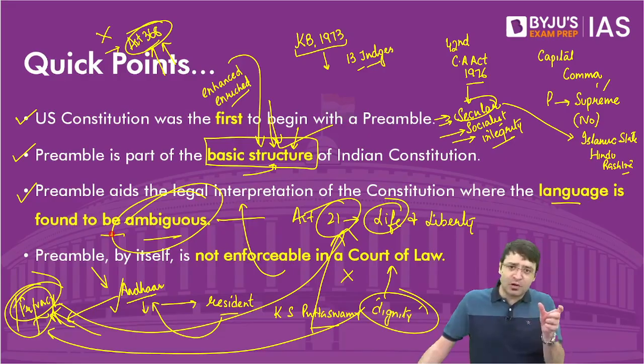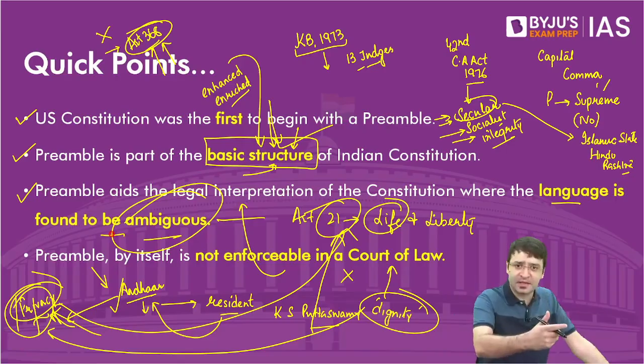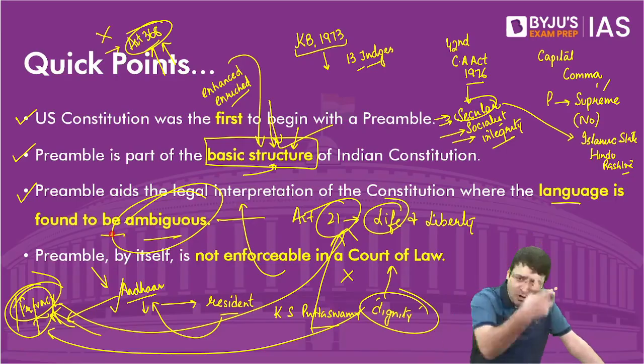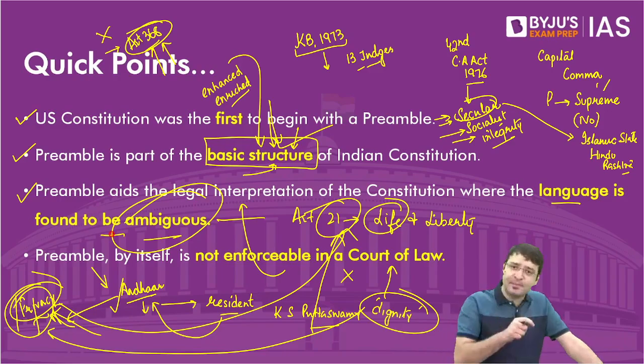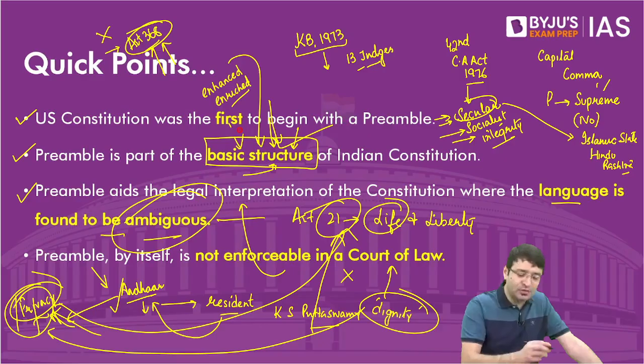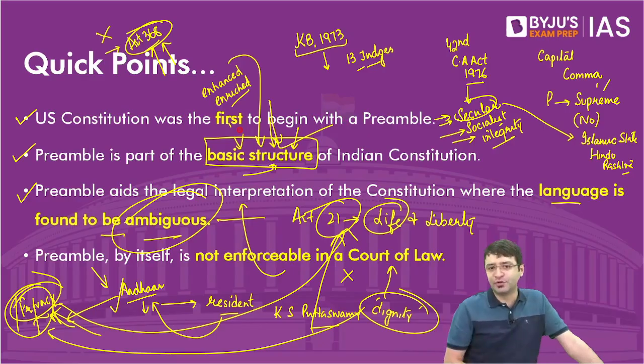So without altering the existing nature of the Indian state, which is sovereign, socialist, secular, democratic republic, you can add more nature, but you cannot delete anything. At the same time, objectives mentioned in the Constitution, preamble, can be further enhanced, further enriched. More objectives can be added without deleting the existing objectives. So preamble can be amended, but subject to the basic structure of the Constitution.